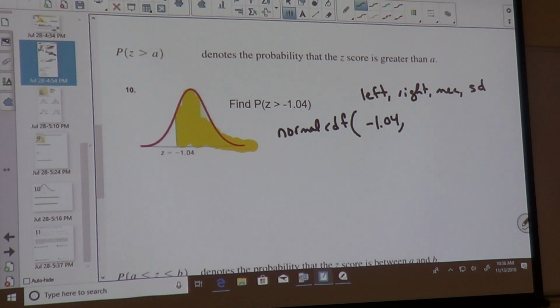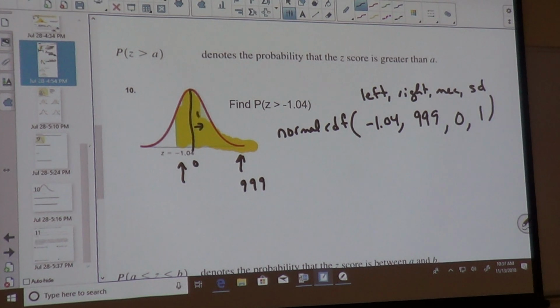It goes on, so it's going to be positive 999 because it went forever to the right. What is my mean? 0. And what is my standard deviation? 1. So this is my left, 999 is my right, my mean is 0, and my standard deviation is 1.